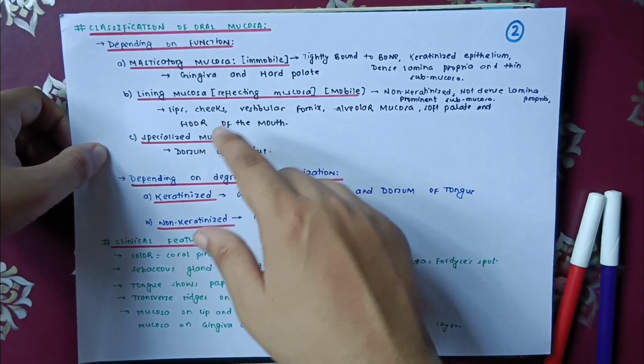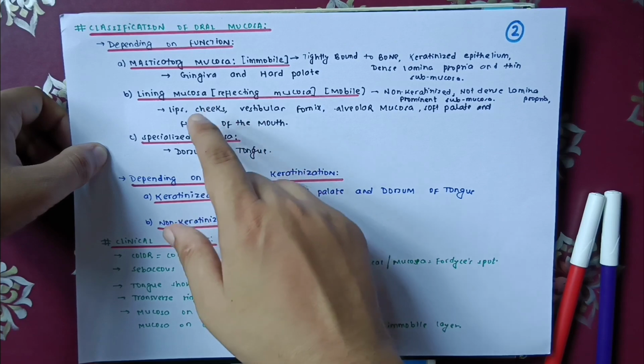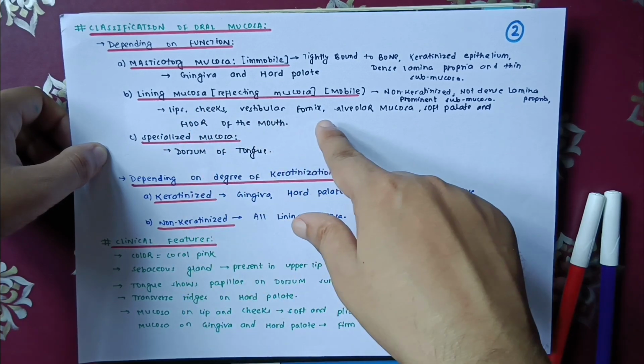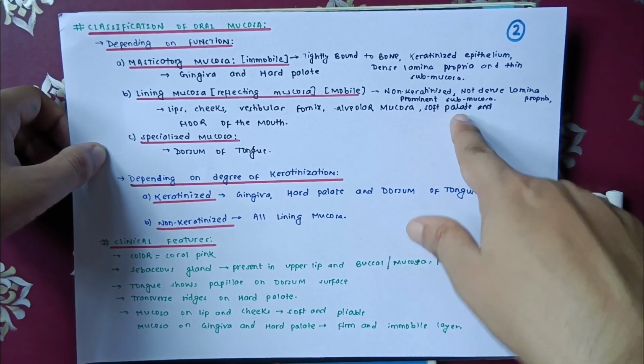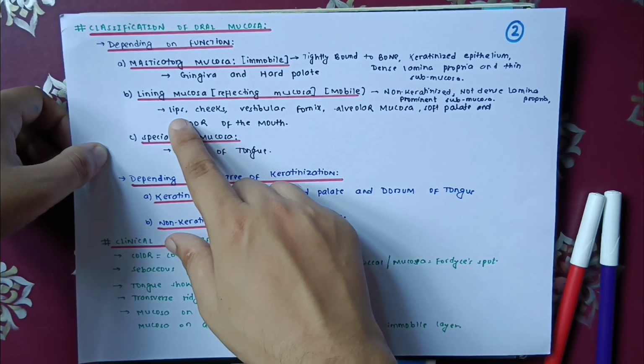And the oral mucous membrane portions that come under this lining mucosa are the lips, cheeks, vestibular fornix, alveolar mucosa, soft palate, and the floor of the mouth. Lip and cheek, I think you know.